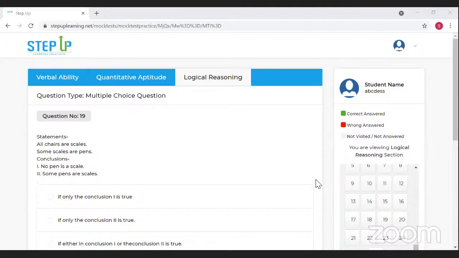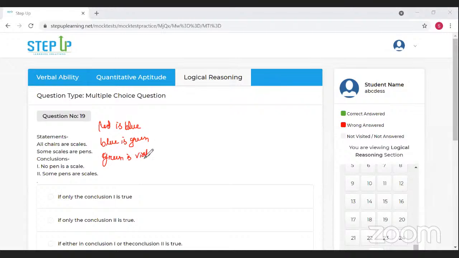Cup is blue, then blue is sky, then sky is white, then white is blood. How do you solve such questions? Let's say they are saying red is blue, blue is green, green is violet, and so on.